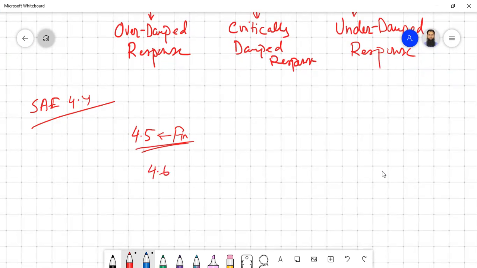The next topic is 4.6, that is the under damped second order system. Basically all the equations related to the under damped case will be derived and discussed, and how they are related to the other system responses as well. As I already said, this chapter is very, very important for clearing your intuitive ideas.